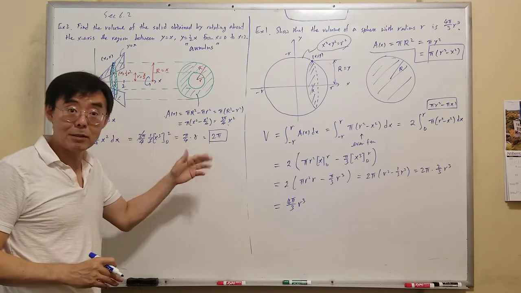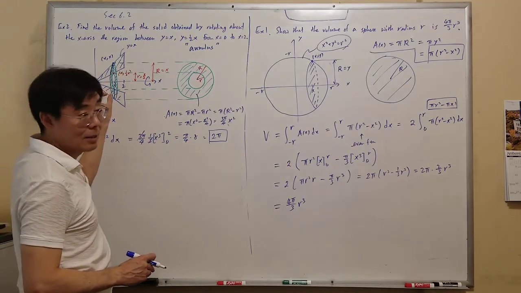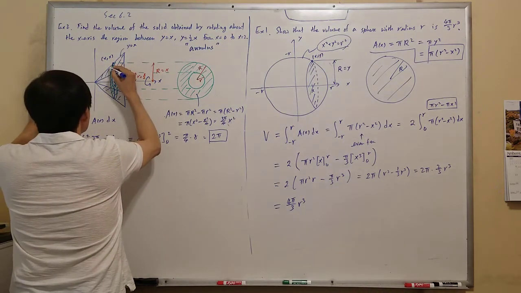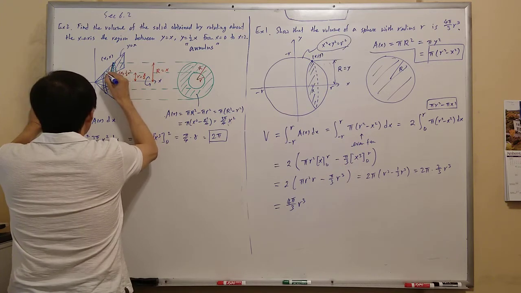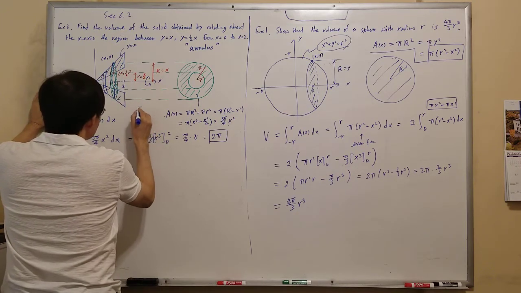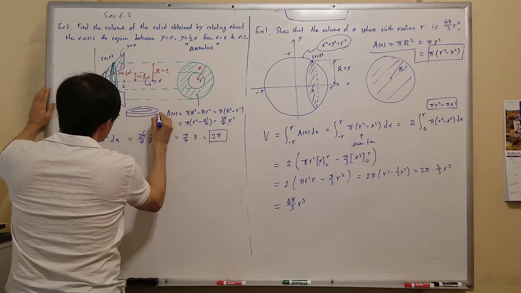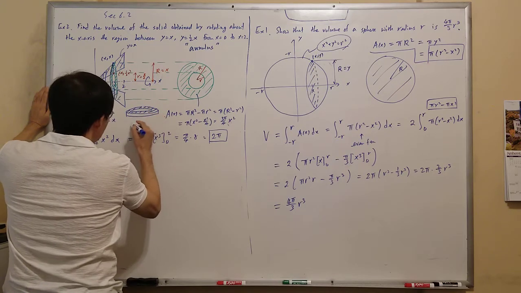Add them up as a Riemann sum, take the limit, and get a definite integral. So each thin slice, what's the shape of that thin slice? This is the shape of a washer.